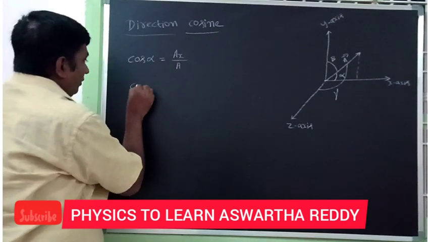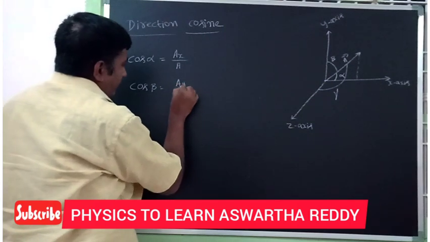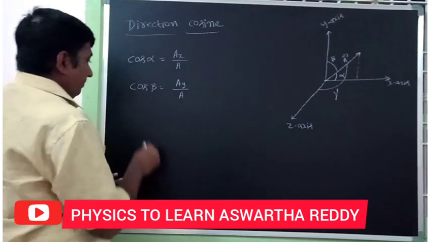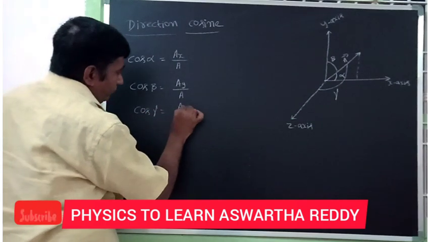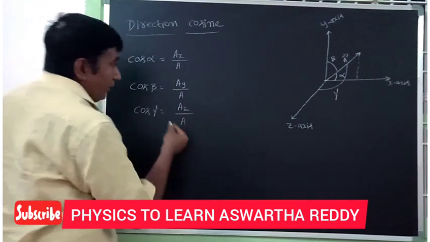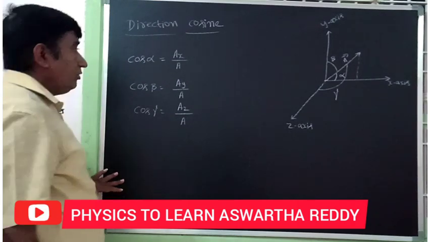In the same way, cos beta is ay by a, and cos gamma is equal to az by a. Here a means the modulus of a, the magnitude which we have to find.